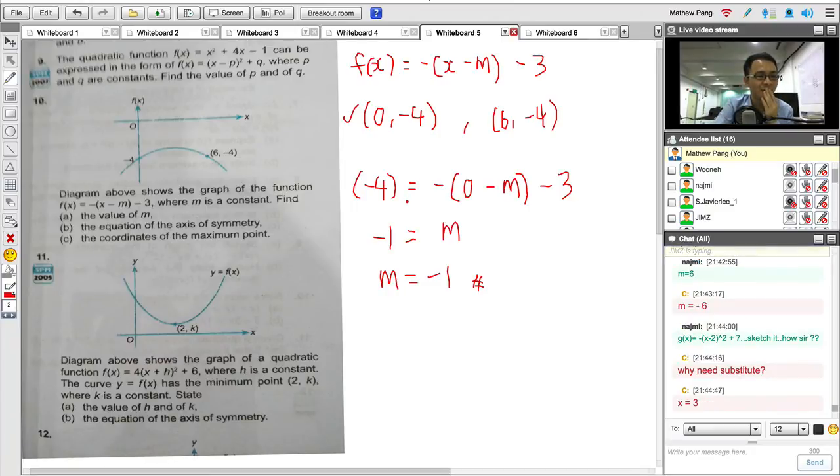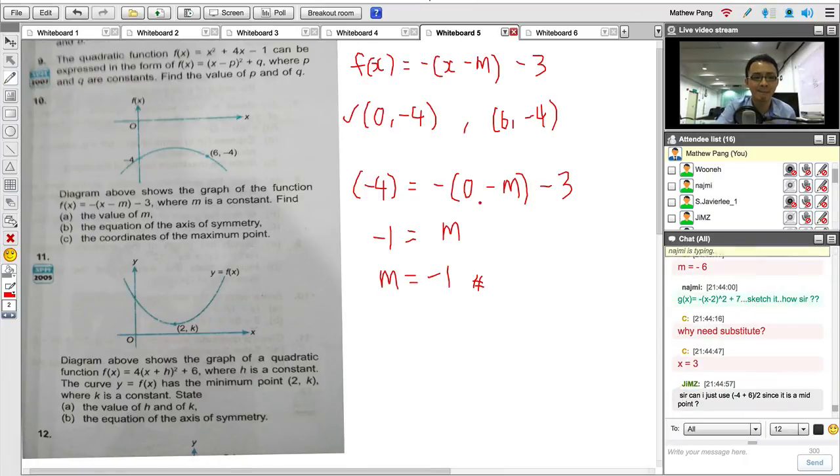Do I copy the question wrongly? I think using the axis of symmetry will be easier. This is 0, this is 6, (0, 6). The middle one should be 3. Maybe m equals 3, but supposedly if you substitute a coordinate, you will get the same answer, I think.